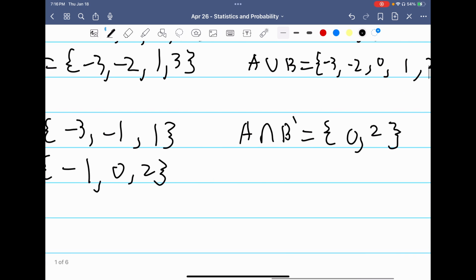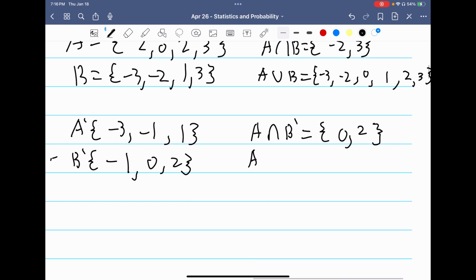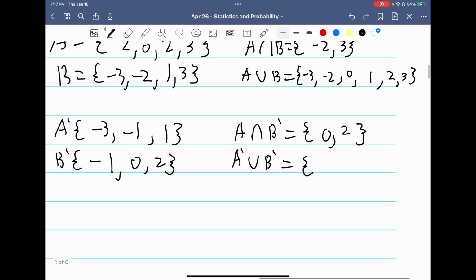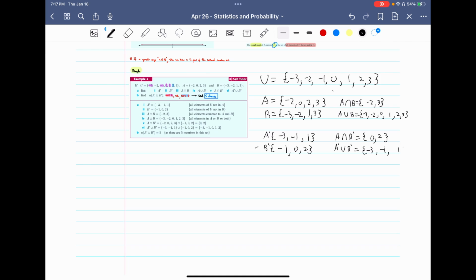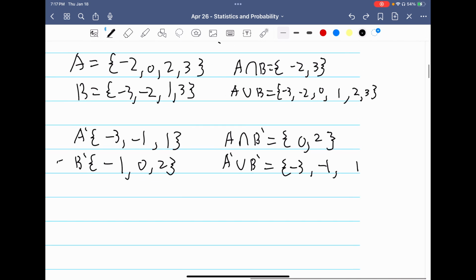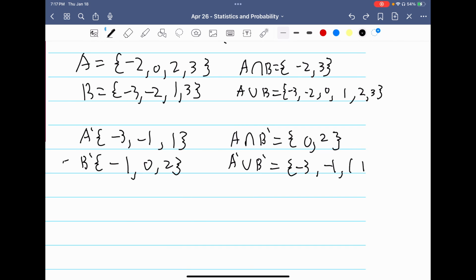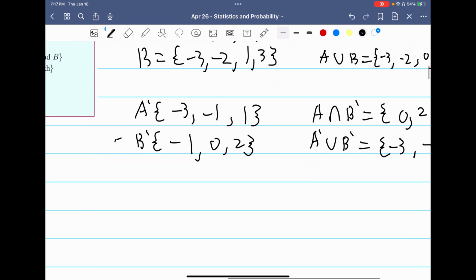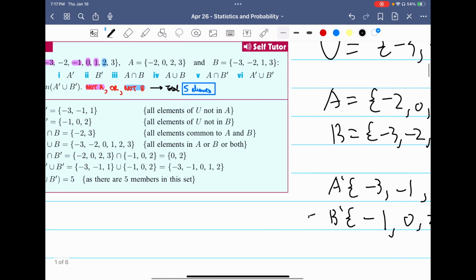As I did before, I am going to write the values of A naught first, which are -3, -1, and 1. And then I'm going to add the B naught values, which is -1 is already there, 0, and 2. So these values are going to be A naught union B naught.